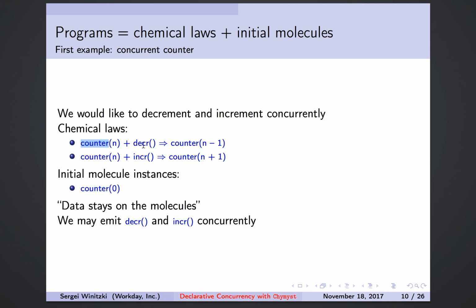Then the chemical machine will remove both molecules from the soup. At this point, the soup will contain maybe several decrement molecules still, but no counter molecule anymore. So while this computation is performed, the counter molecule is gone from the soup. So this prevents any other reaction from running, because all reactions require a counter molecule as an input.